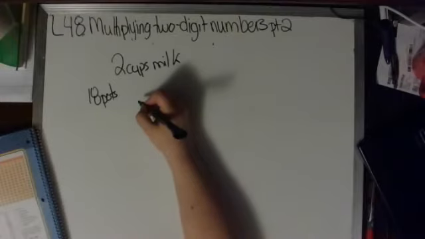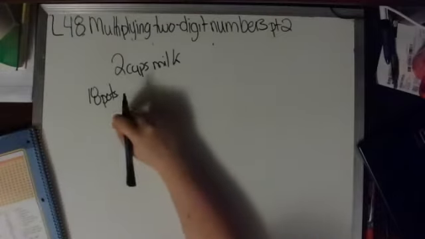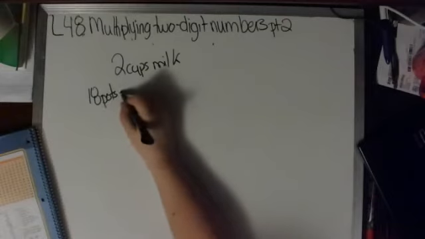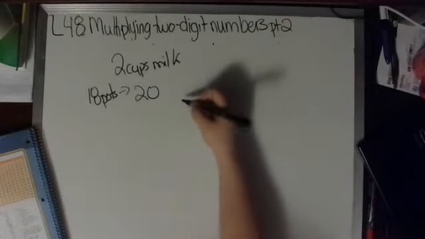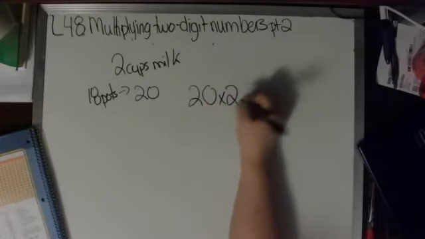And remember, it says how many quarts of milk does he need to make 18 pots of soup? And it says about. So about means it wants me to round. So 18 is the number I'm going to round. 18 rounds up to 20. So what I'm doing is 20 times 2.